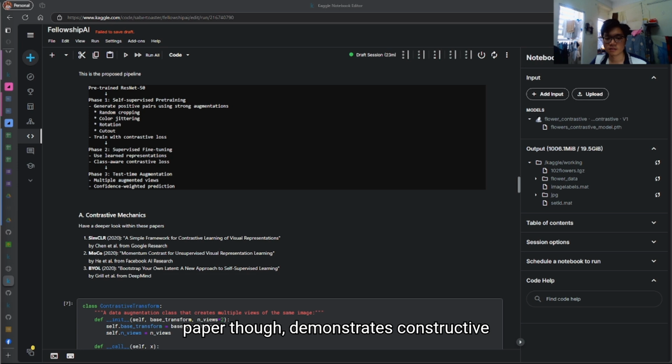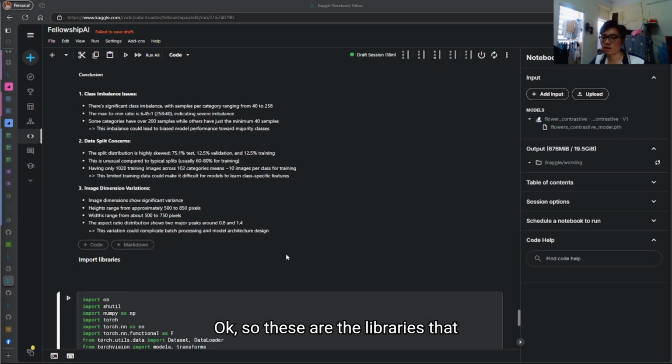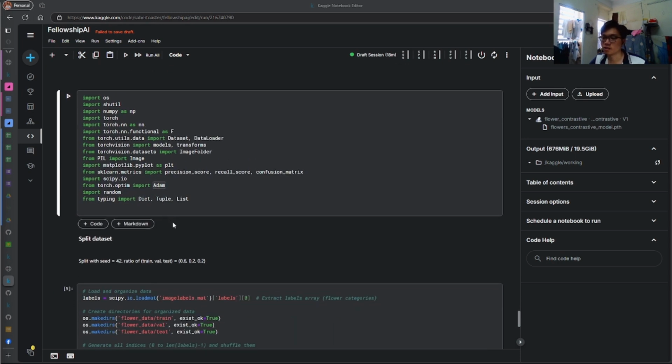This paper, though, demonstrates contrastive learning without negative pairs, and it used two networks, both online and target, for momentum updates. And okay, so these are the libraries that I use to implement my solution, including PyTorch as the framework builder, and other plotting and visualization libraries.